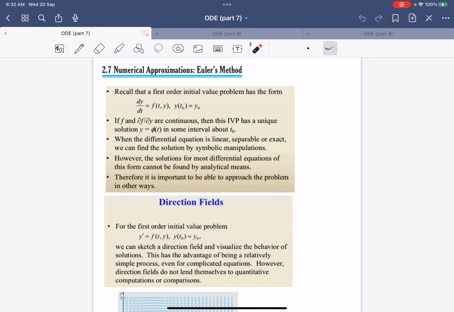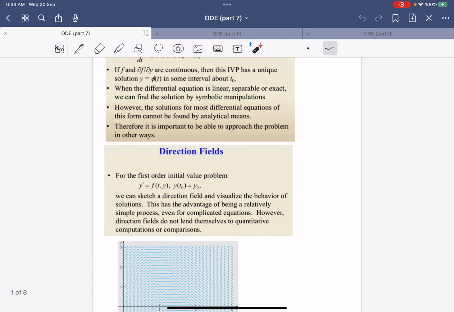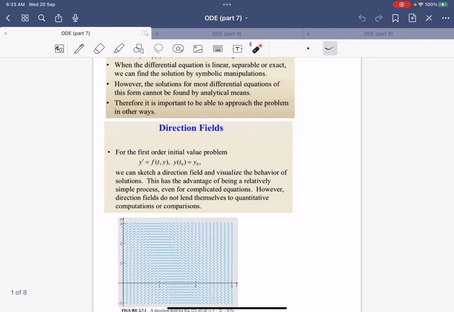But we also recognize that most of the time these ODEs or IVPs do not have exact solutions. And while we can use the theorem to tell us that there exists a solution, we might not be able to find it using analytical means. Therefore, we have to find it using different methods or approach the problem to understand it in different ways.